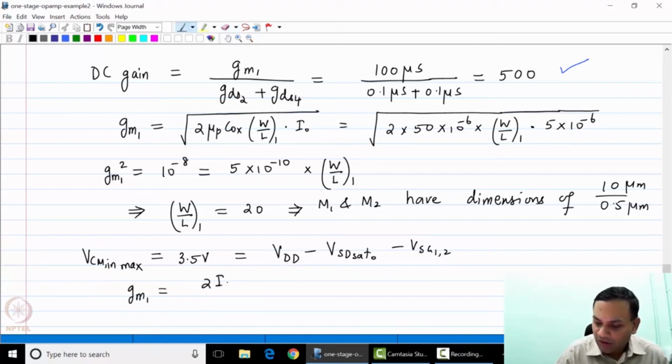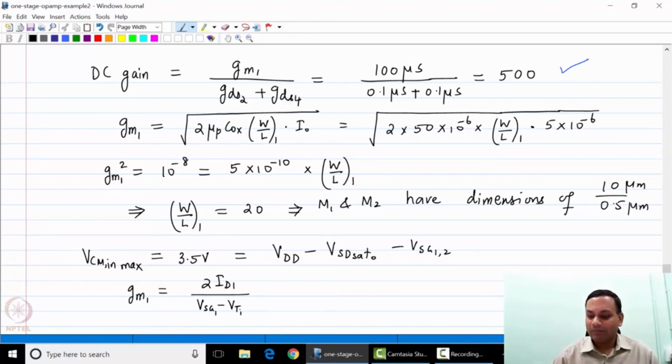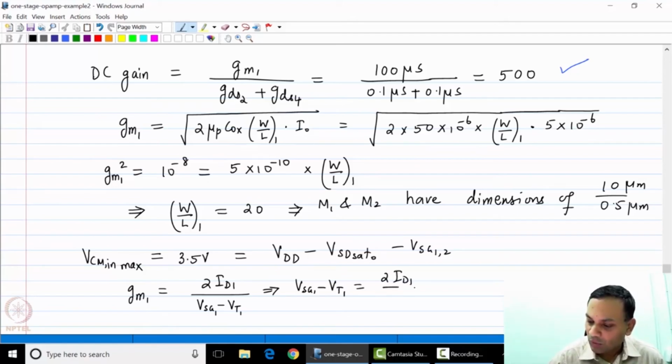GM1 is 2ID1 over VSG1 minus VT1. This means that VSG1 minus VT1 is 2ID1 over GM1.